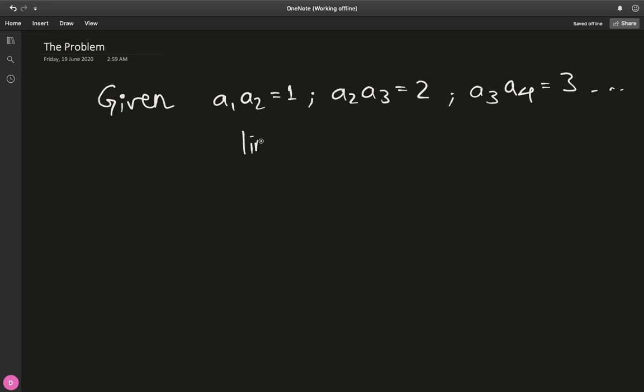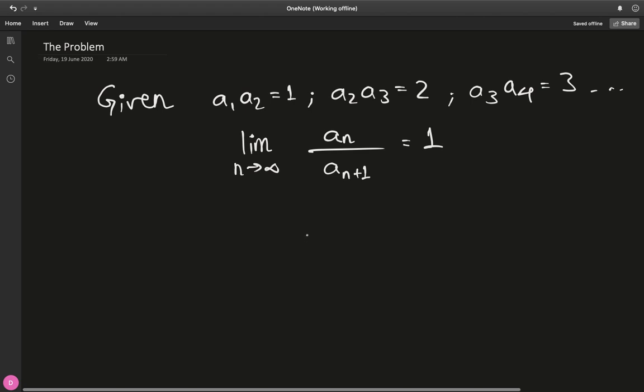And we also know that the limit as n tends to infinity of a sub n divided by a sub n plus 1 is equal to 1. So how do we tackle this problem now, because we have to find the absolute value of a sub 1.